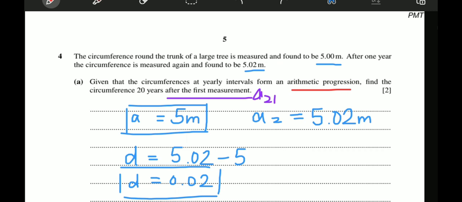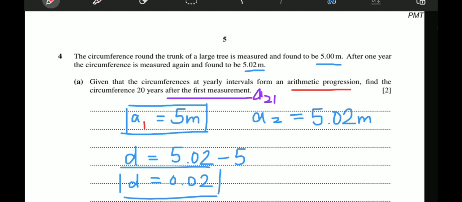Okay, so first let's find out all the data that we have. They have given you the first term, A or A1, that is 5 meters, A2. After 1 year it is going to be 5.02 meters. And let's now find out the common difference that is very much needed in arithmetic progression.